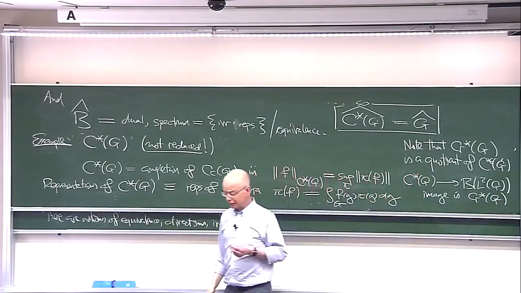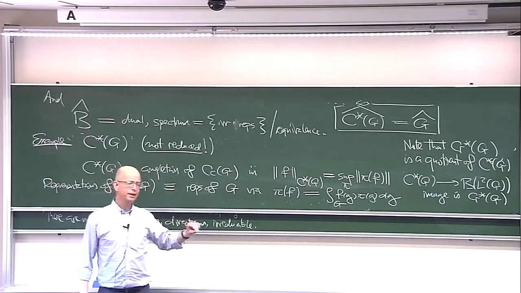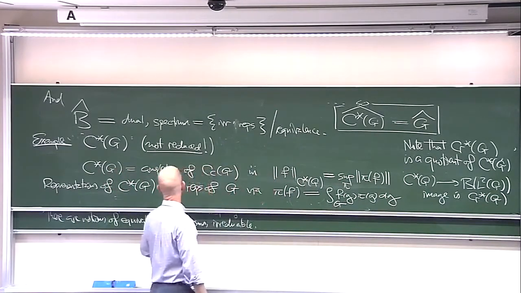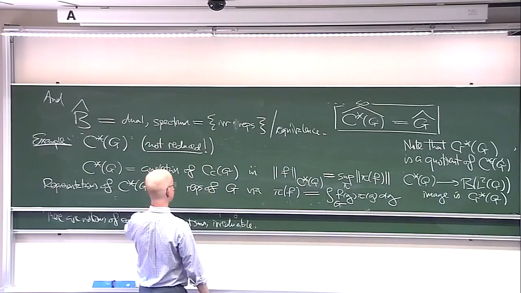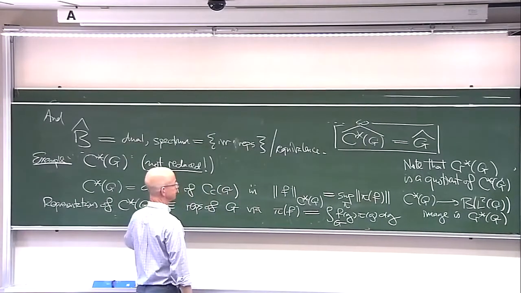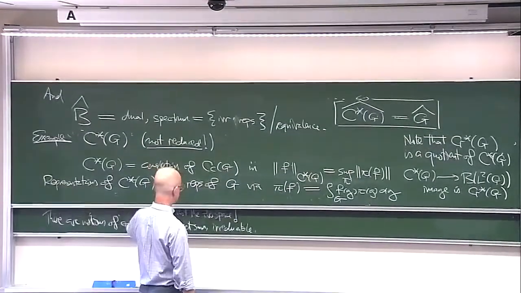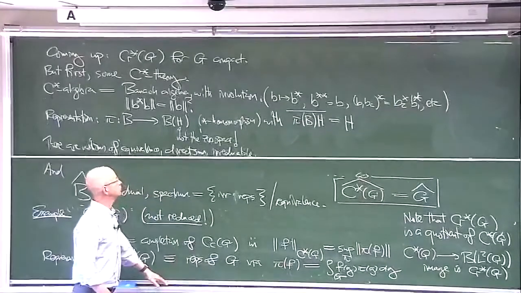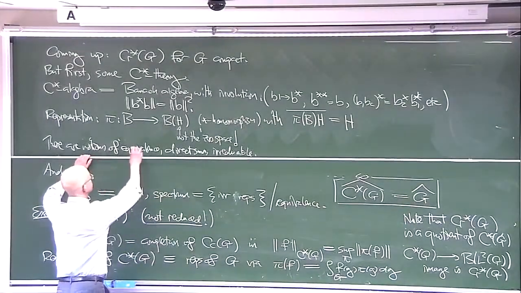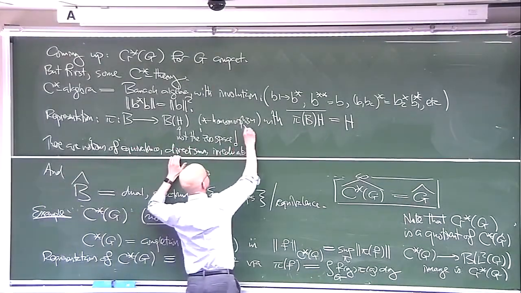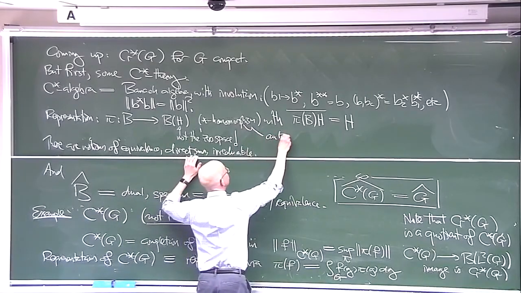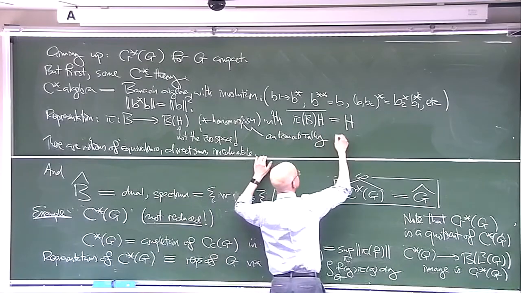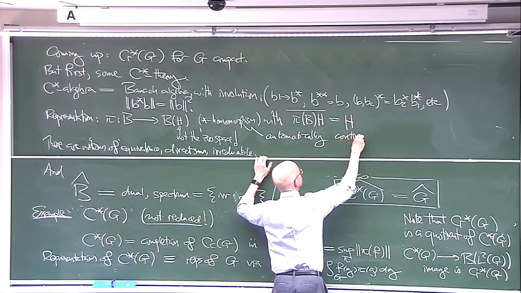It's a curious fact about C star algebras that the image of any C star algebra homomorphism is always a closed subalgebra of the target. Oh, by the way, I wanted to make a point about star homomorphisms here, which is that, just to remind you, these are automatically continuous homomorphisms.